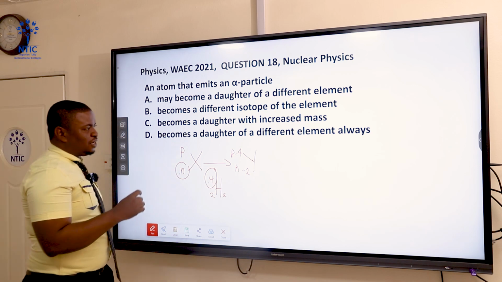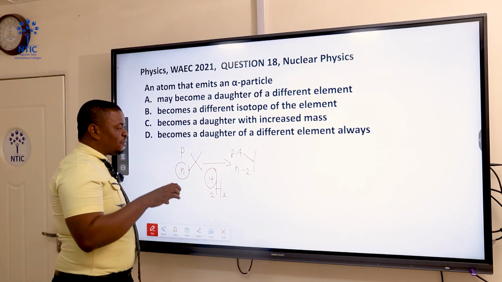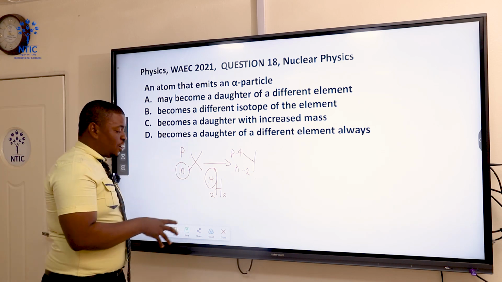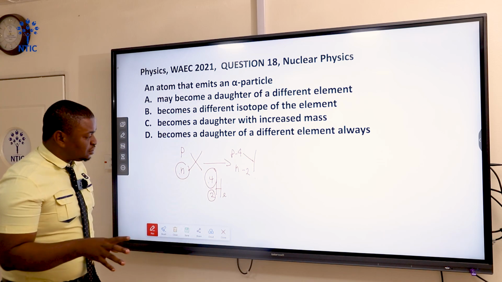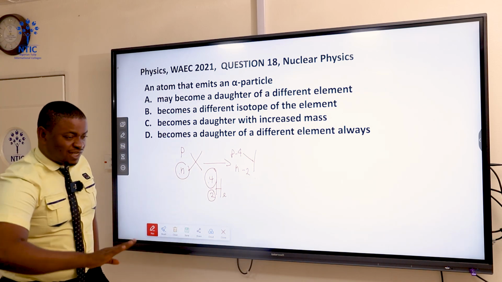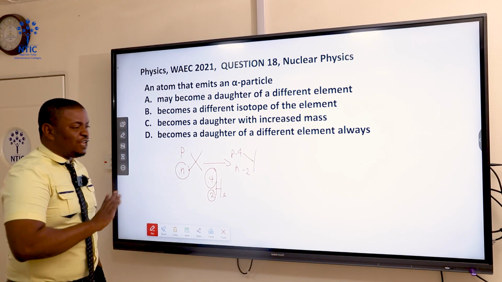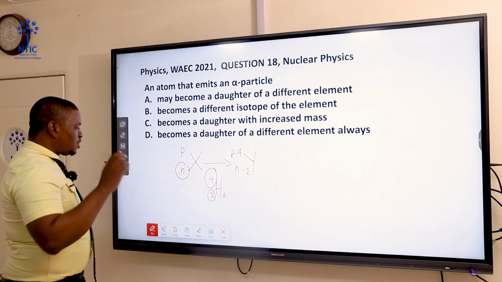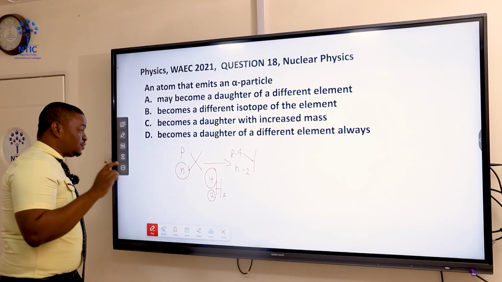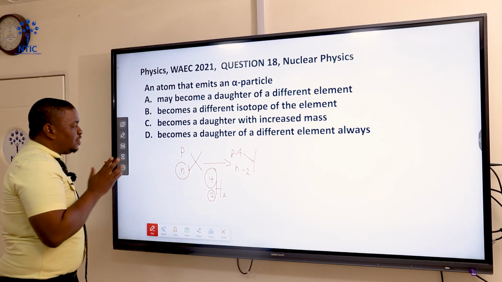And I want you to know that the atomic number tells you the type of element you have. So if the atomic number changes, it means the atom is a different element. So whenever there is an alpha emission, the element you will have as a result will be a different element. We call it a daughter element.